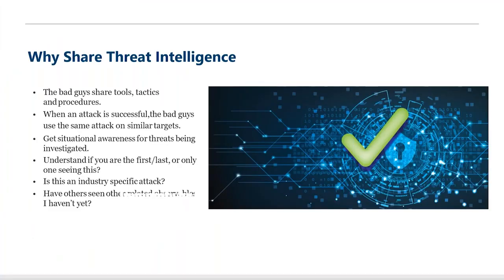Now, why should we share threat intelligence? What's the need behind that? What's the driver behind that? To start off, the first thing you need to understand is that the bad guys share tools, tactics, and procedures. We all know that the dark web is full of information, full of tools, full of anything which pertains to exploiting a vulnerability, infiltrating a ransomware, or doing any malicious activity.